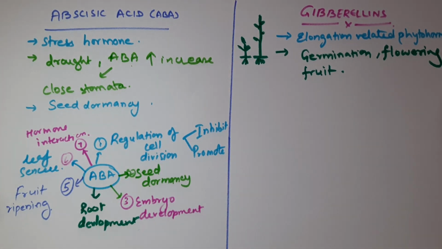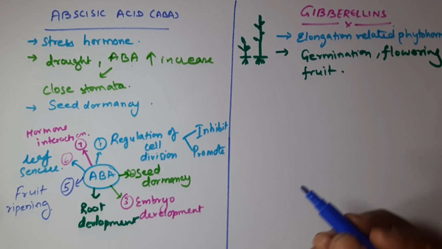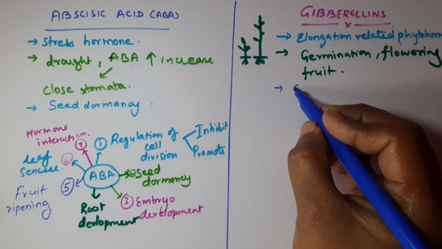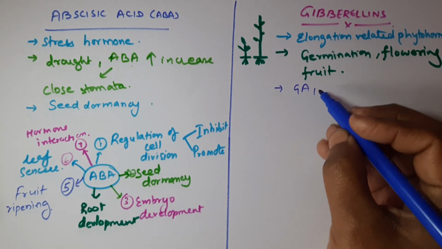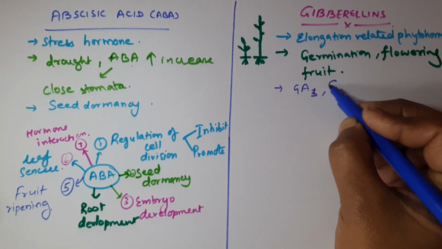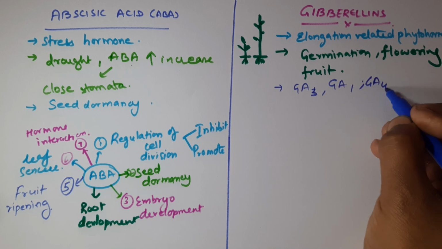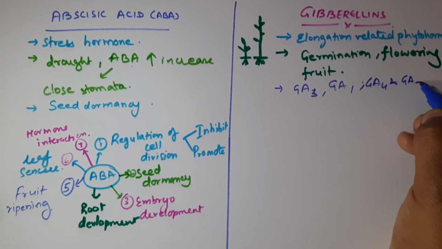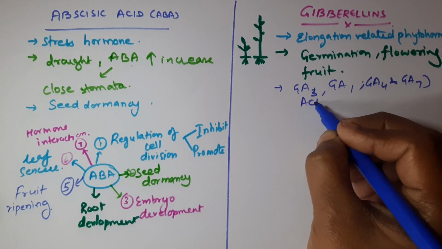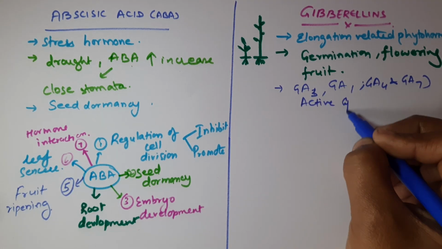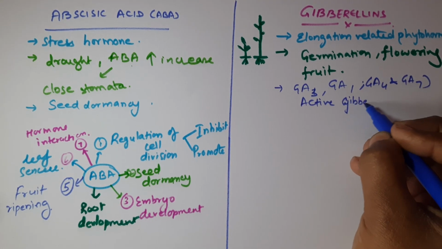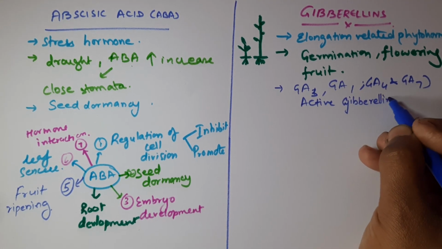There are some active and inactive gibberellins. Among the active ones, GA3 is the most active one. Then there is gibberellic acid 1, GA4 and GA7. These are active gibberellins.